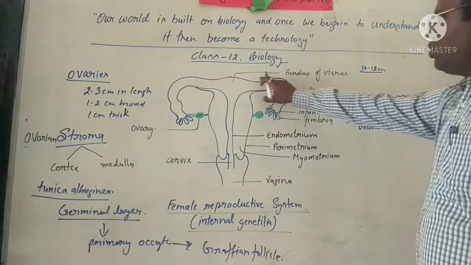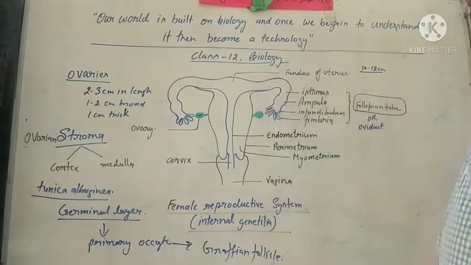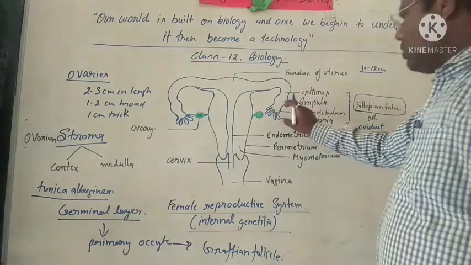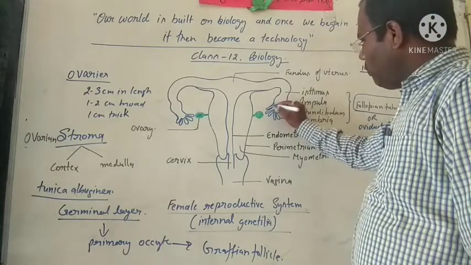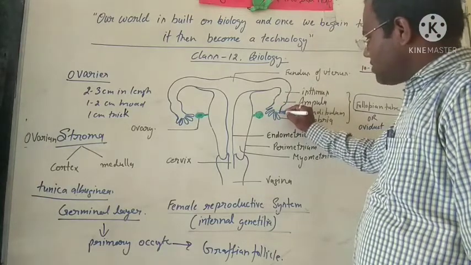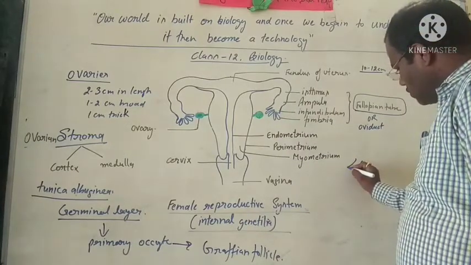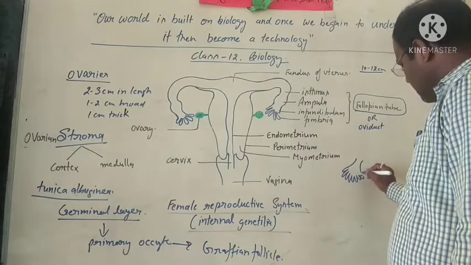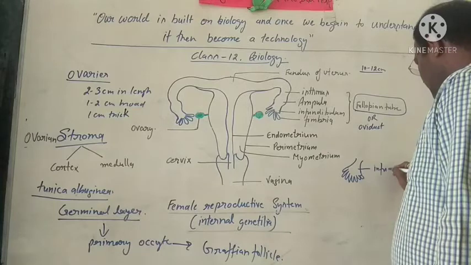Part of the fallopian tube makes a funnel shaped structure, which is called the infundibulum.